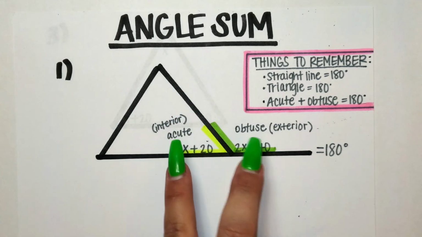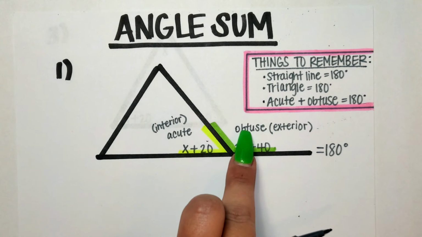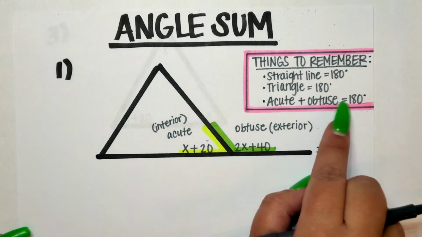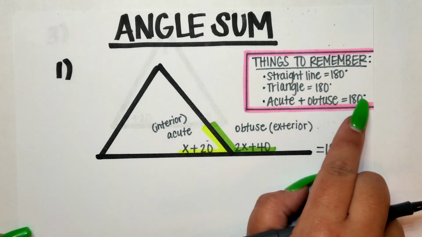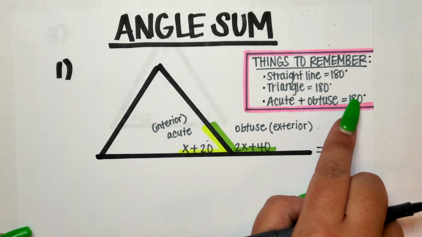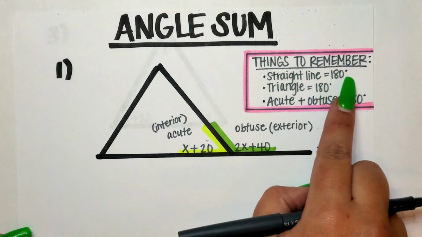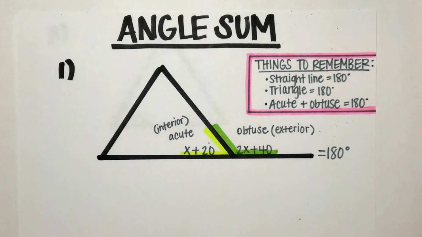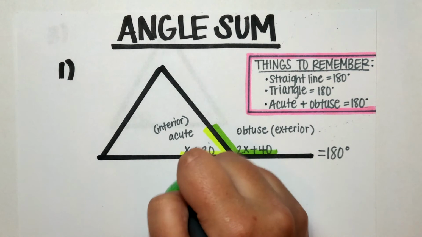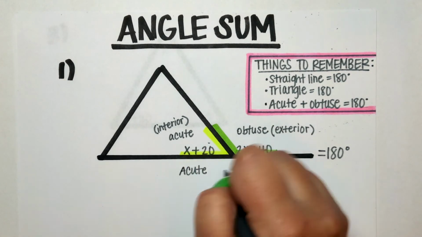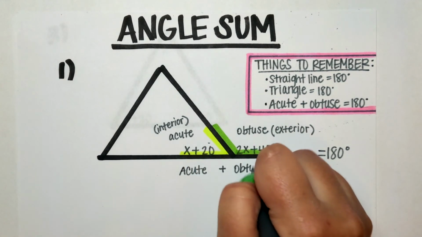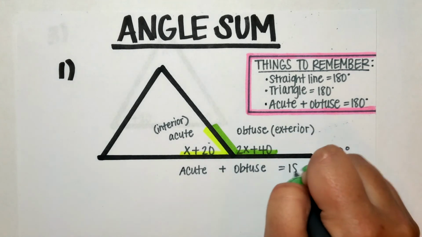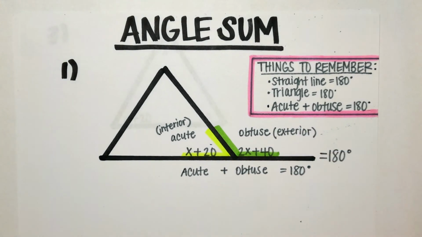So since I have one acute and one obtuse, I know that they add up to 180 degrees, or I have a straight line, so I know that they add up to 180 degrees. So when I write my equation, I have acute plus obtuse equals 180 degrees.